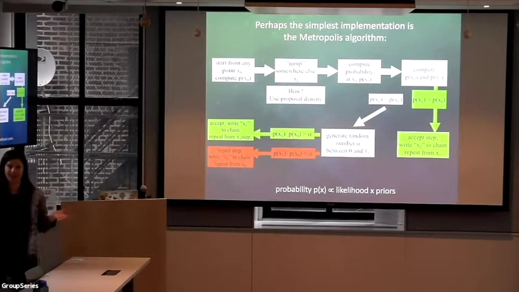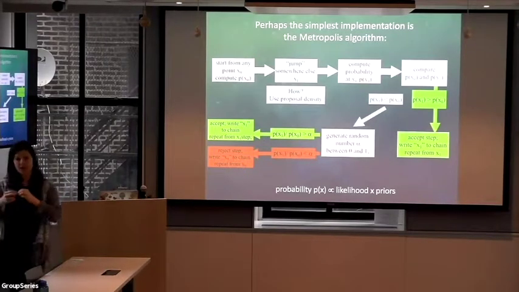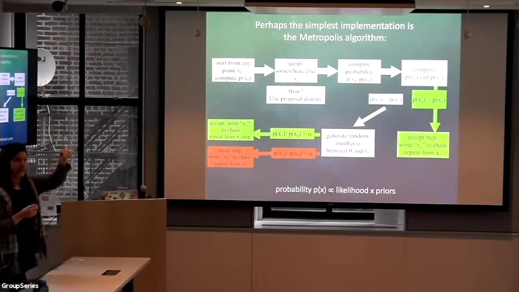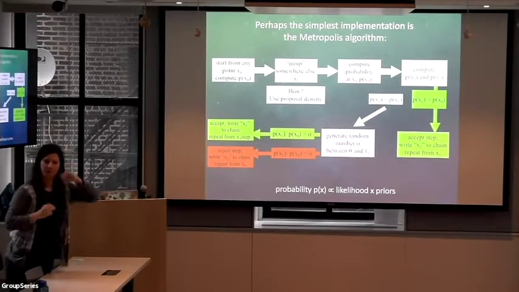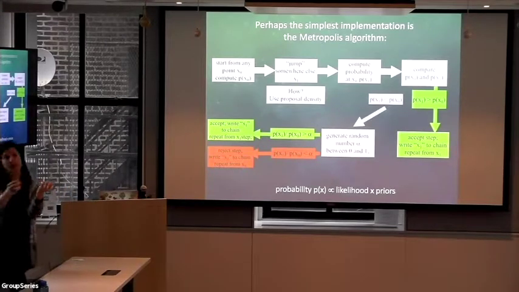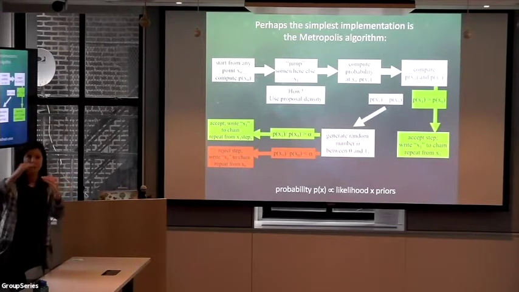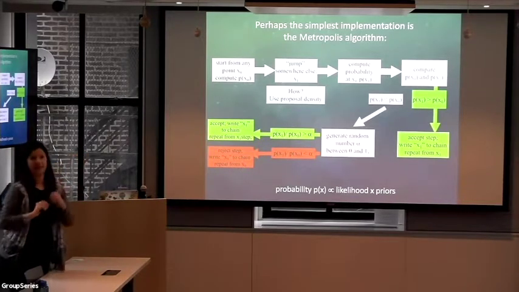And so this is an optimizer and not a sampler, while MCMC is very much a sampler. So instead, what you will do is that you will still, in some cases, accept a point with lower posterior probability, but you will accept it with a probability which is, actually not even proportional, which is equal to the ratio of the posterior values between the new point and the old point.